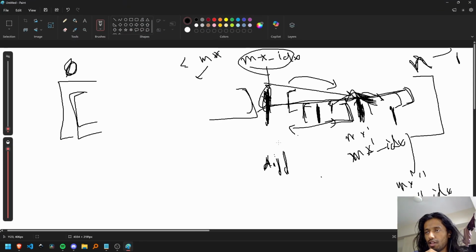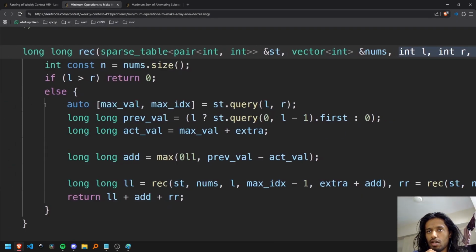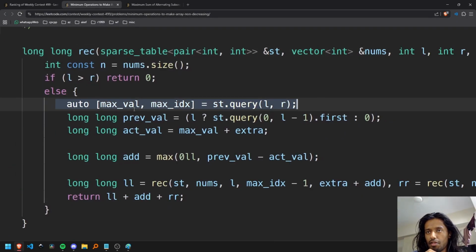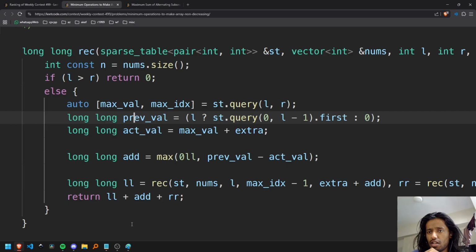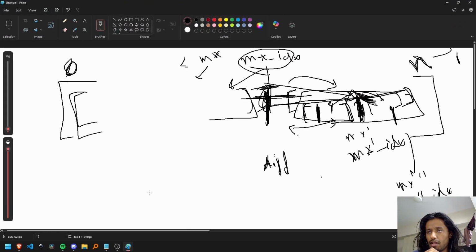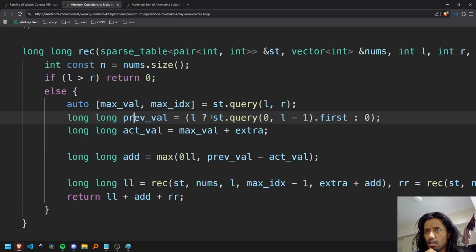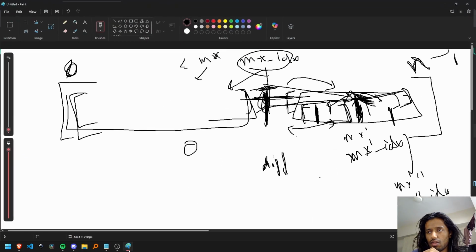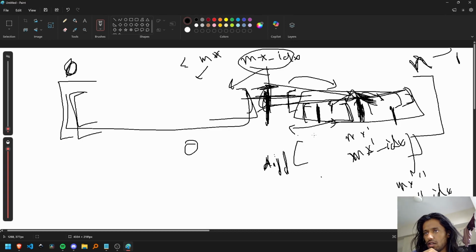Since here we have already increased values by this amount, we don't need to increase that again, so I'm just telling that here. mx_val and mx_idx will give me the maximum value and its index, and the previous value would be the amount which is behind it. If no elements are behind it, it can be 0, but else it's the maximum value right here. So I'm using that as a query as well. Here, if I'm considering this one, I'll do a maximum on this region, which will give me this element.